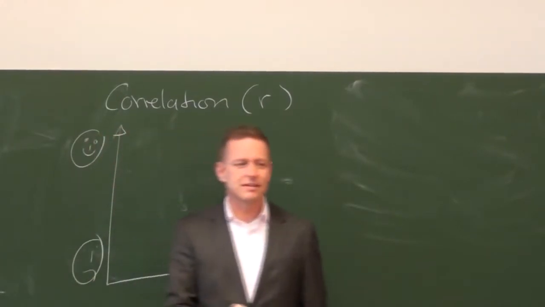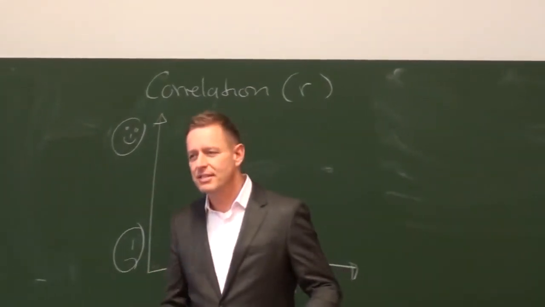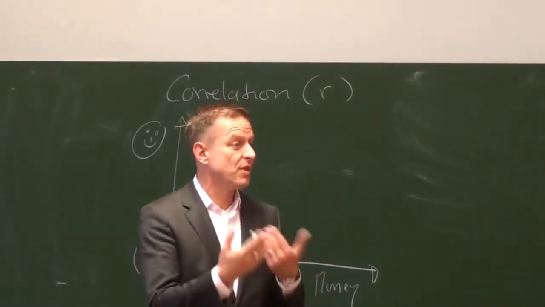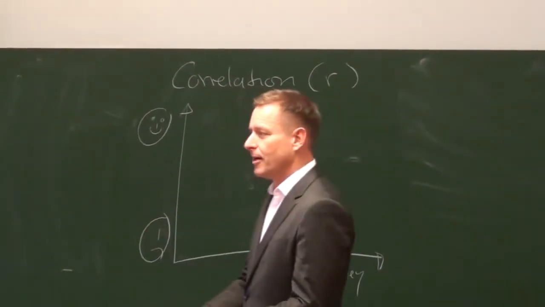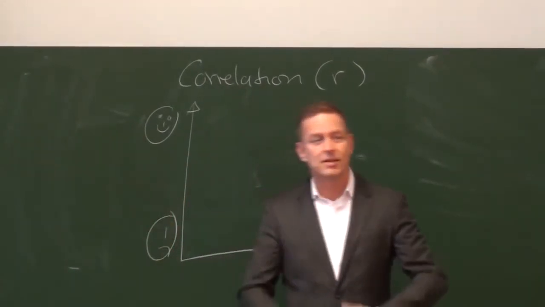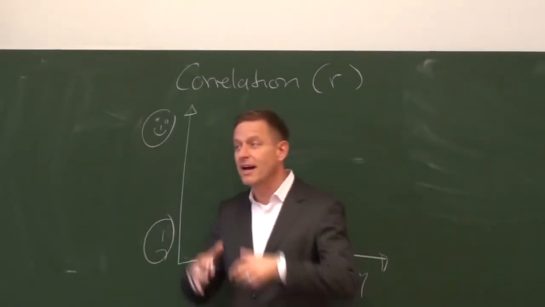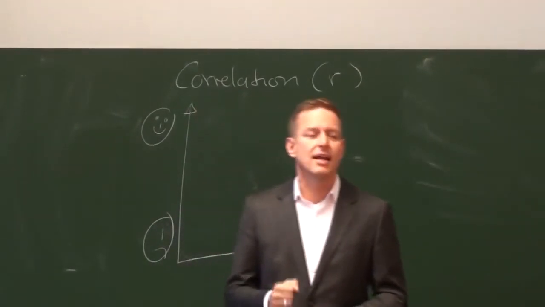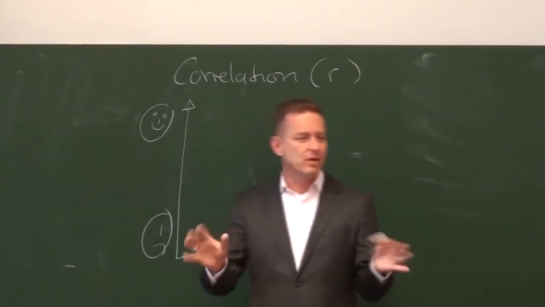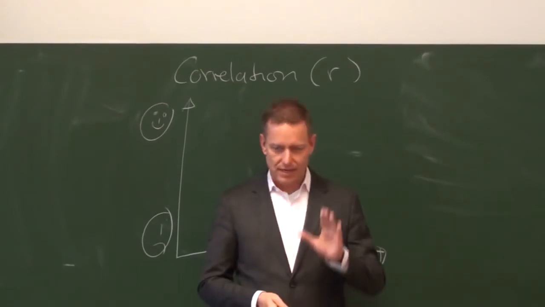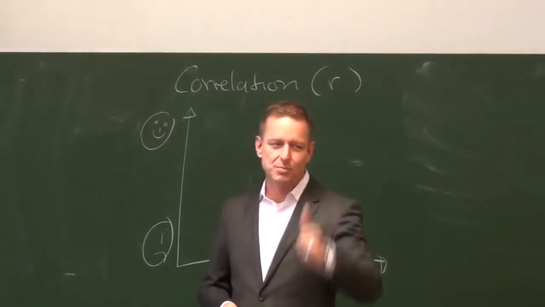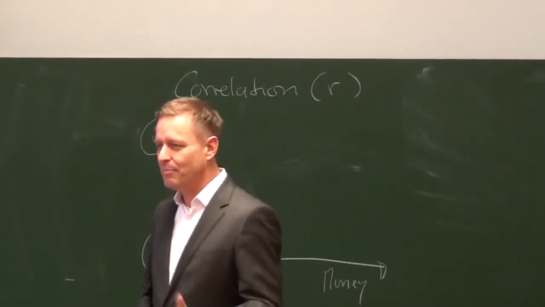So the idea is, are students who have more money happier than those with less money? We all have some ideas, our private theories, our naive understanding about this, but now let's do science. Let's do a study. We could do this in this room, by the way, but I don't want to do this. Otherwise, I would need to ask you, how much money do you have and how happy are you?